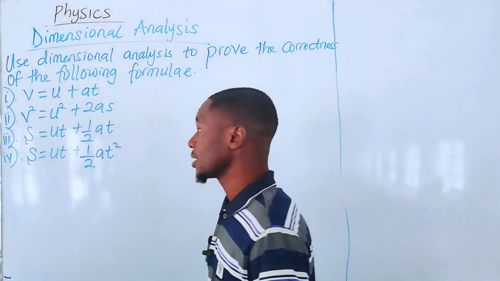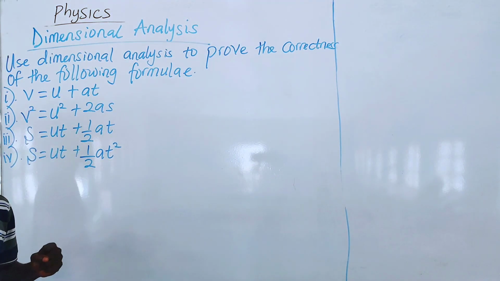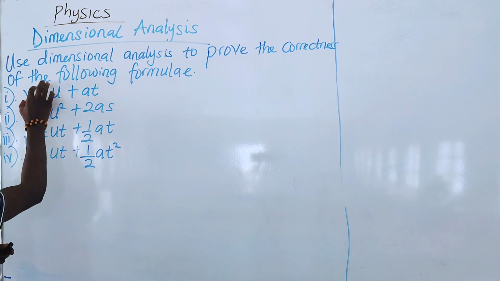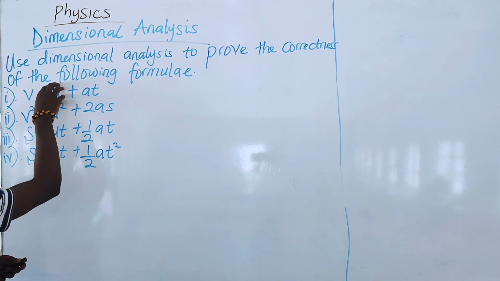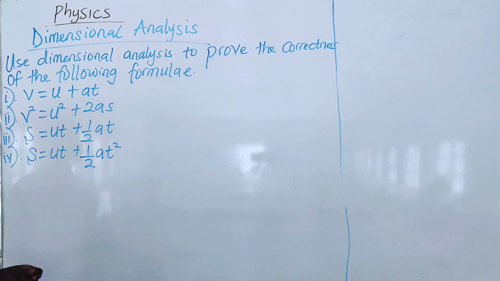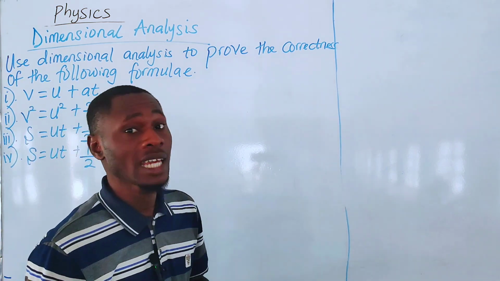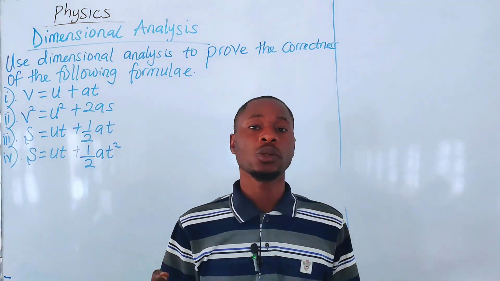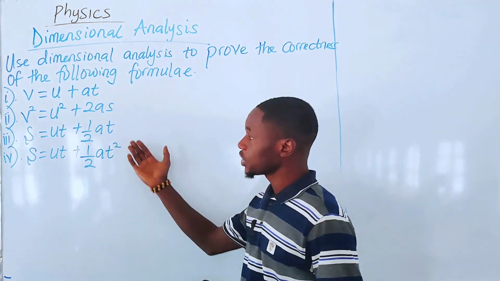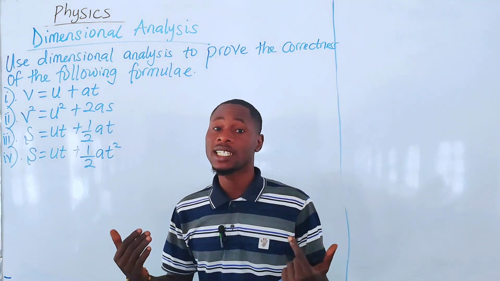That means that, for instance, if the dimension of this term is the same as the dimension here and is also the same as the dimension here, then the equation is dimensionally correct. Else, it is not correct.